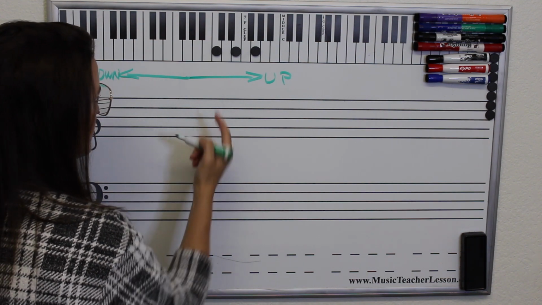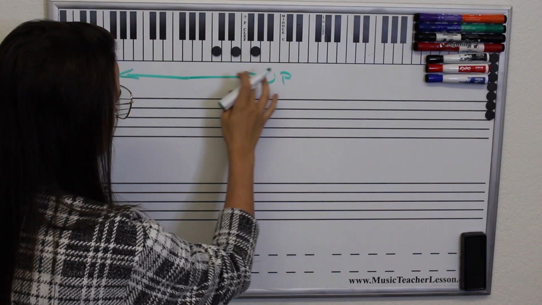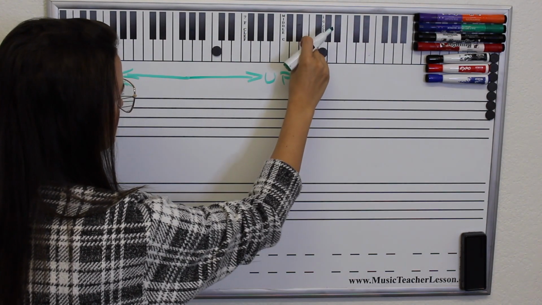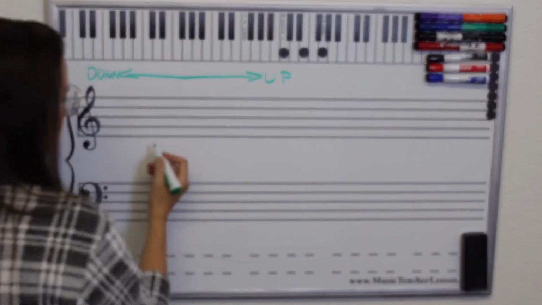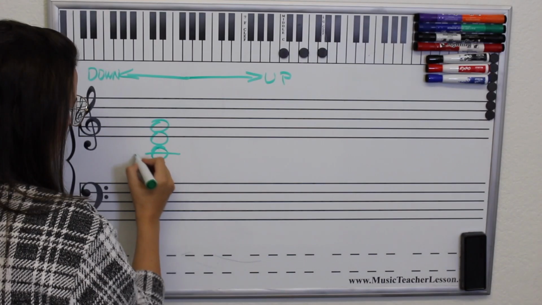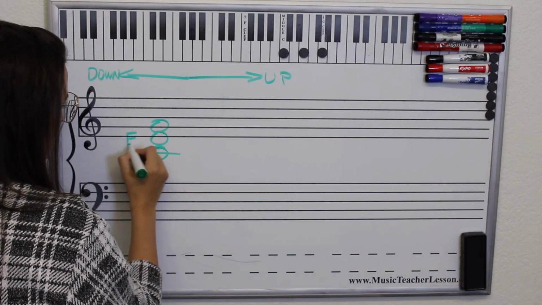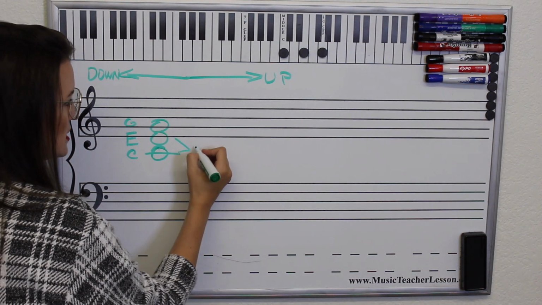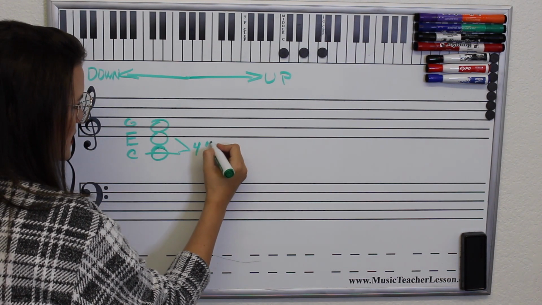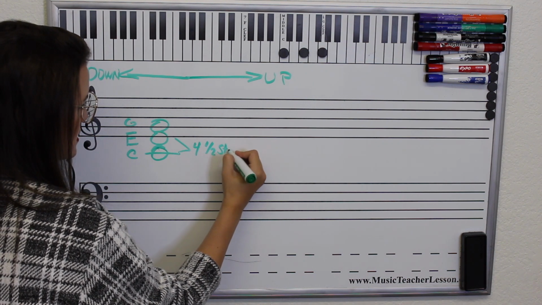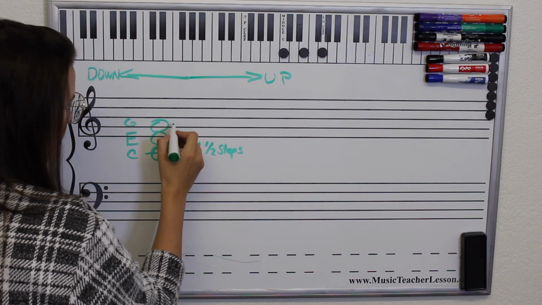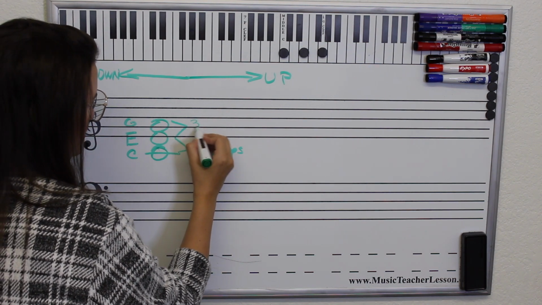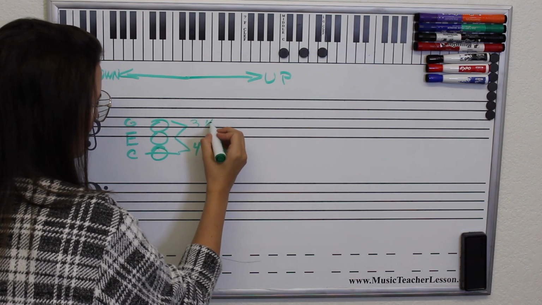Okay, so how we write that, middle C, we'll move it up an octave here. And this is written C, E, G. So from C to E we have 4 half steps, and then from E to G, 3 half steps.